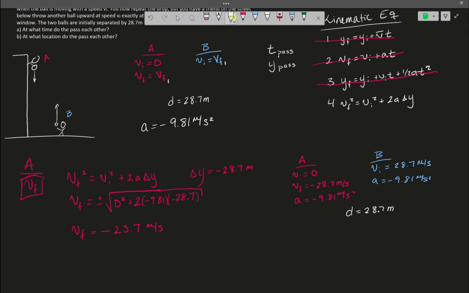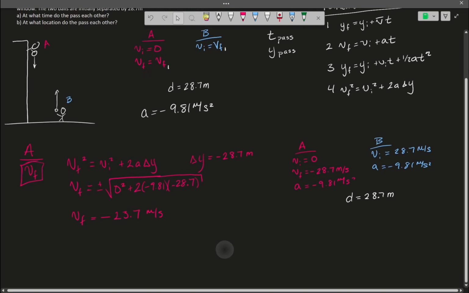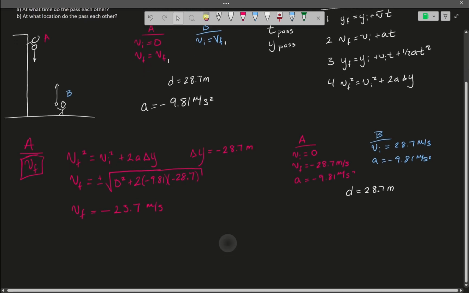I'm wanting to find time, but I don't know at what location they're going to encounter each other. So I'm going to have to find a way to take 2 kinematic equations and connect them together, because I don't have enough information to solve this with one.